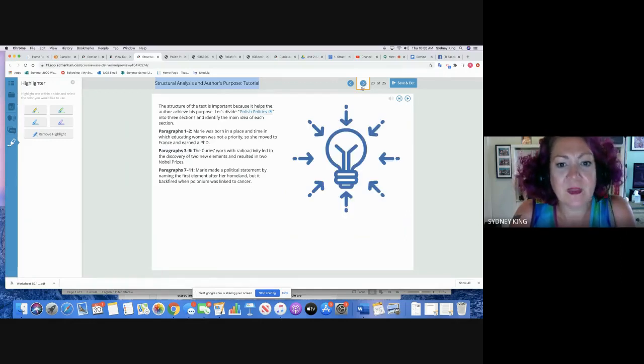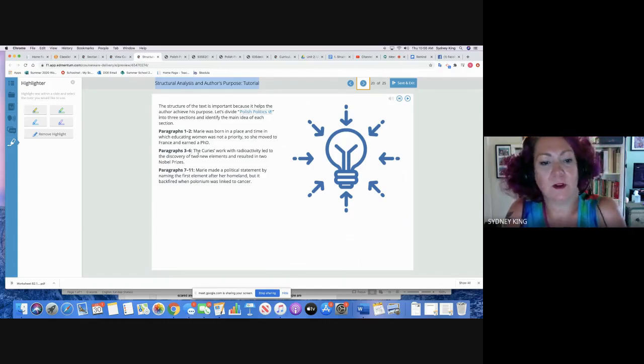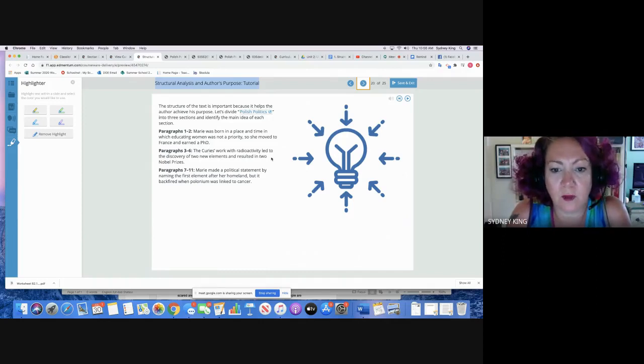All right. So that structure is really helpful because it helps the author achieve their purpose, right? The very first 2 paragraphs were who is Marie and where was she born and what was the big deal about her being educated and why did she move to France, right? That's there. And then in paragraphs 3 through 6, we've got the work on radioactivity and discovery of the 2 elements that resulted in the Nobel Prizes.